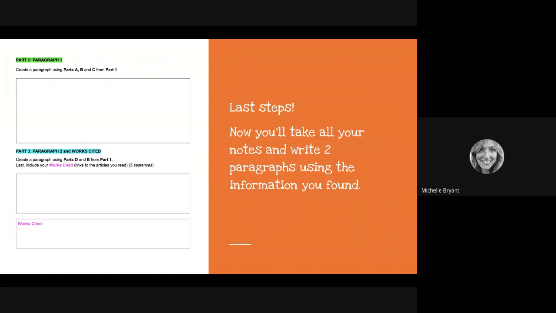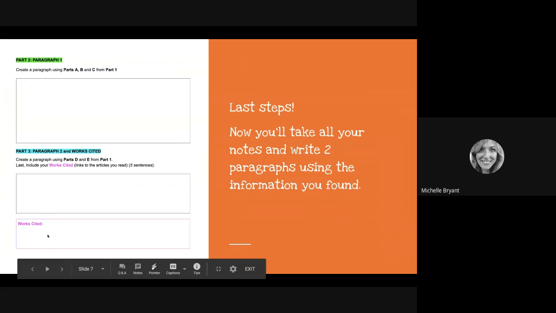Okay. Paragraph 2 is where you talk about the article you found and what it was about. And you'll also share your real life example in paragraph 2. Lastly, you'll take that URL that you found, and that goes here under works cited. You want to give credit to that article for the information that you found.